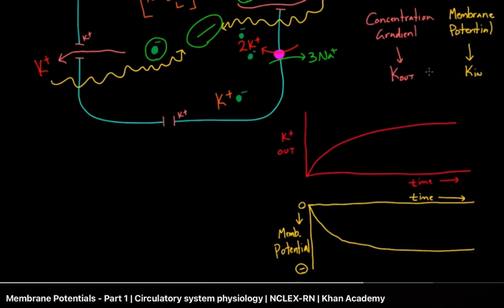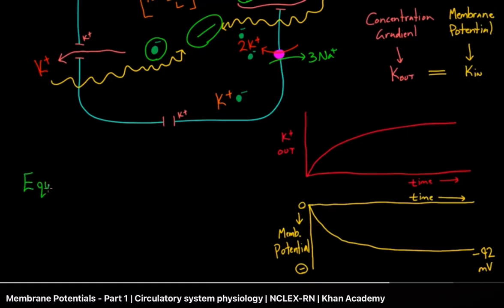And when the two equal each other, when the amount of K moving out equals the amount of K moving in, we get to this kind of plateau. And it turns out it's about negative 92 millivolts. So that's the point where you have almost no difference in terms of the net movement of K. It's equal. And in fact, we call that the equilibrium potential for potassium.